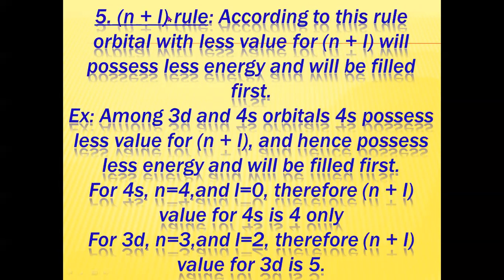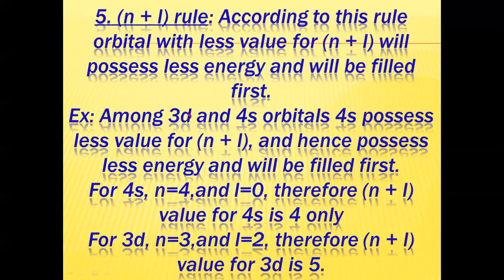The sum of the values of these two will be taken into consideration. According to this rule, the orbital with the lesser value of n plus l will possess lesser energy and will be filled first, because it has less energy.